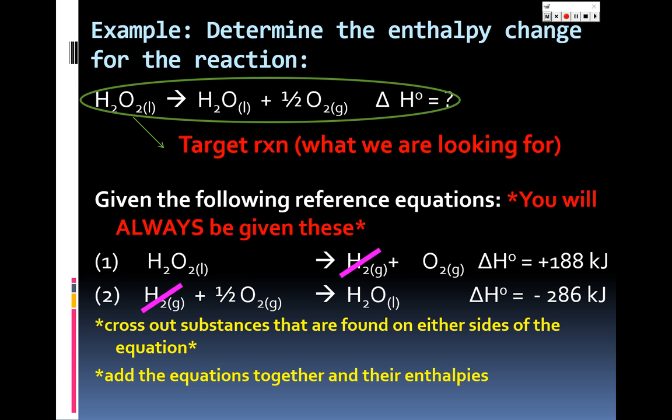If you take a look at the target, do we want hydrogen in our target reaction? Is it up here? H2? Nope. So we had to cross it out. We want H2O2. Is it in the target? Yes. We don't want to cross it out. But then we have to do something about this oxygen and this oxygen.